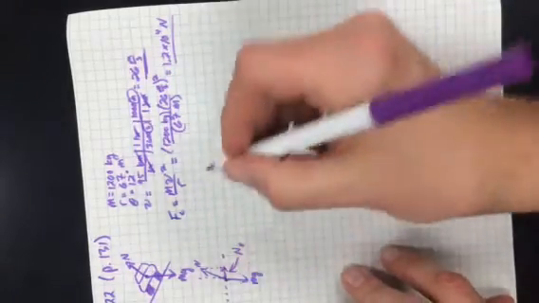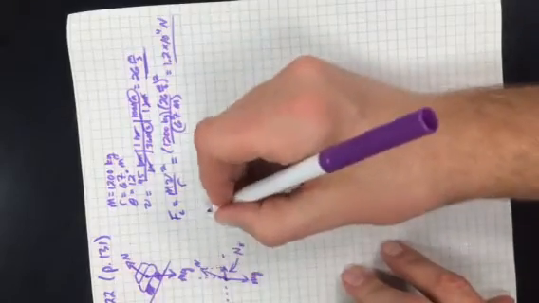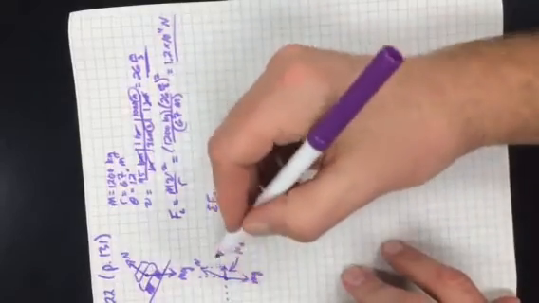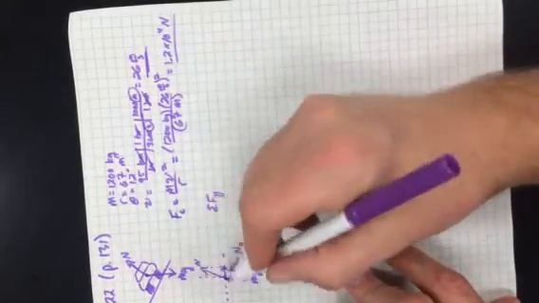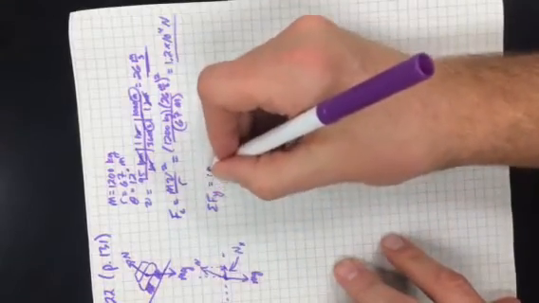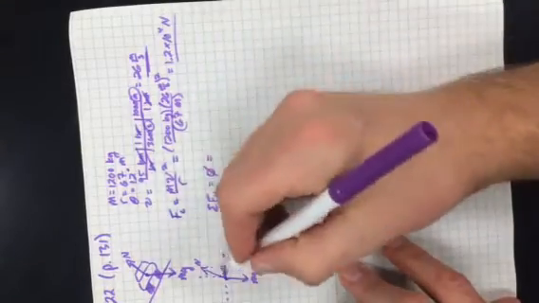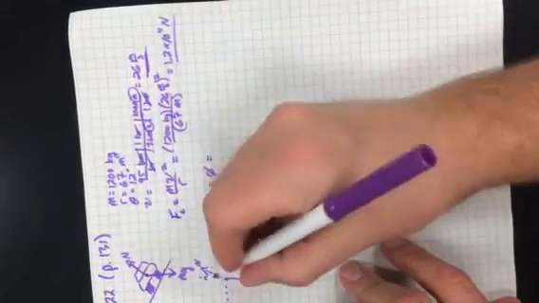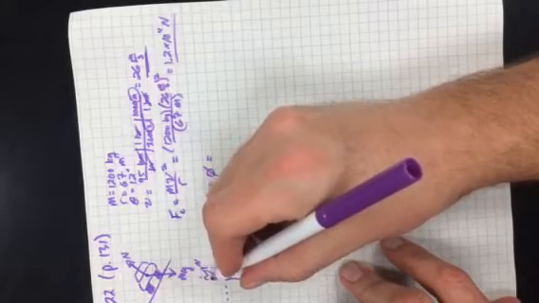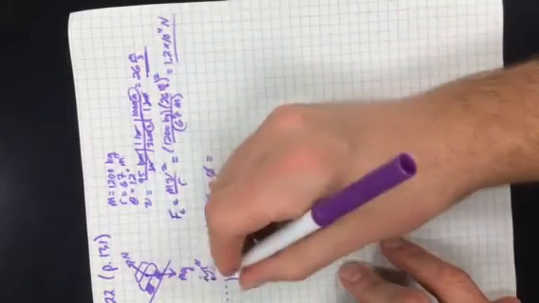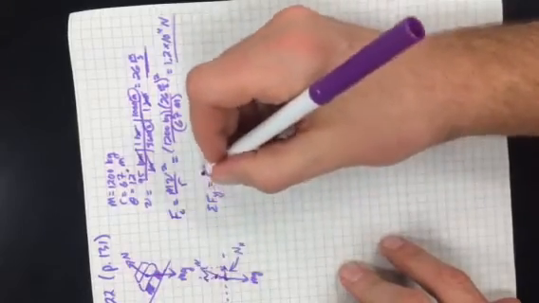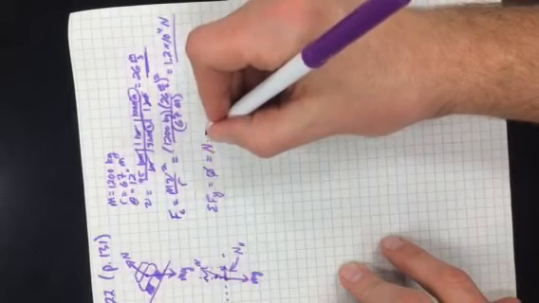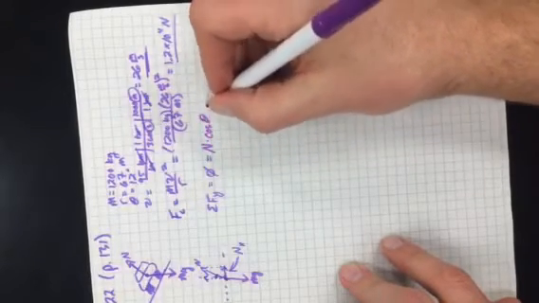Once I've done my free body diagram, I'm going to go ahead and do my force summation according to Newton's second law. Since that car is not accelerating either up or down on the track, it's staying in a horizontal circle, that tells me that the net force is 0, and that net force depends on two forces. It depends on the vertical component of the normal force, which, since that's my angle, is the adjacent side, so that's going to be determined by the normal force times the cosine of the angle.